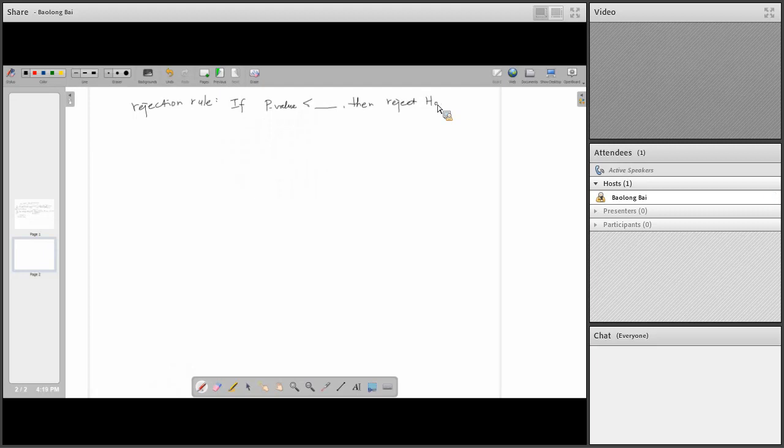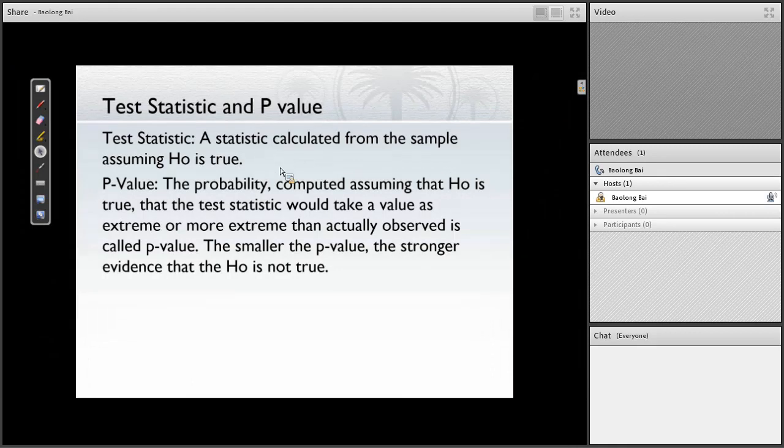So then, here we have two things. First thing, we need to look at what is p-value. So p-value is the probability computed assuming that the null hypothesis is true, that the test statistic would take a value as extreme or more extreme than the actually observed. That would be p-value.